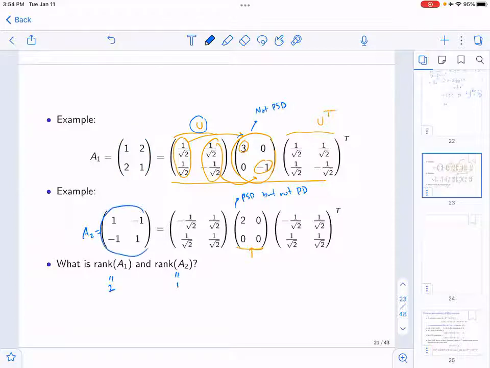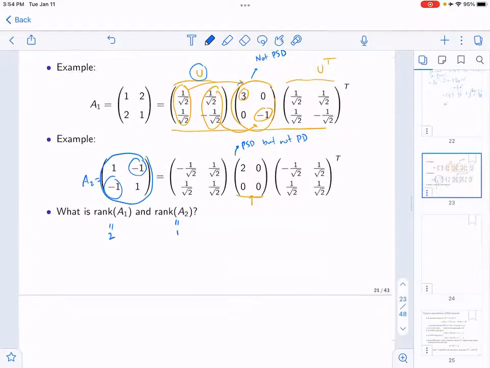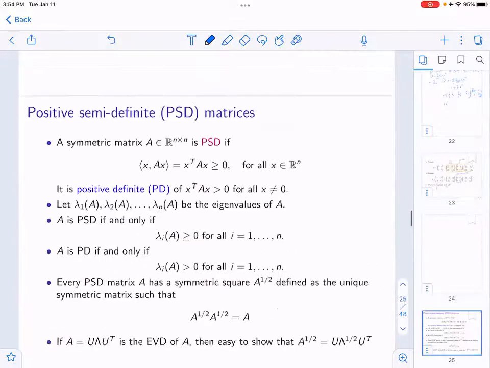This looks like it might not be, because it has negative elements, but this is not a problem. A positive semi-definite matrix can have negative elements, as you can see here. It matters that the eigenvalues be non-negative, which is true. And it turns out that this also satisfies this definition.